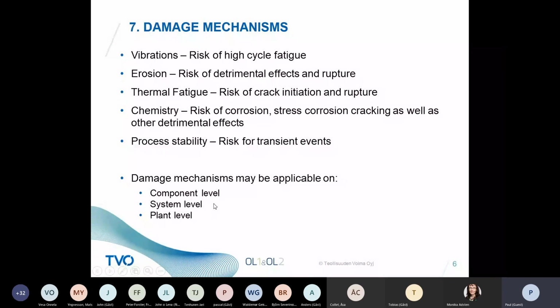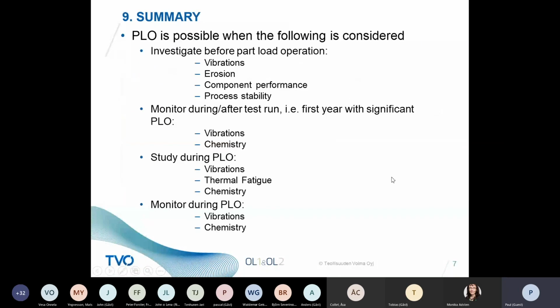So as a summary, because I don't have a full presentation, I'm just starting up for the next presentation. The part load operation is possible when the following is considered: vibration, erosion, component performance, process stability, and we have to do monitoring, like for instance vibration monitoring, which is important for this group, but also chemistry and probably other possibilities of wear and tear that can happen in different areas that have been investigated by other persons at the TVO plant.